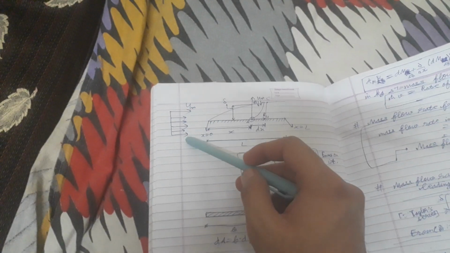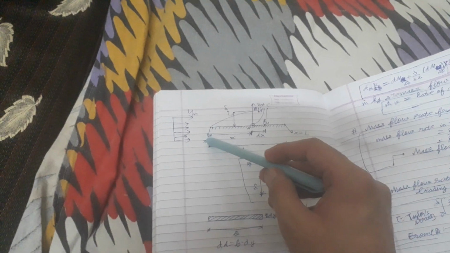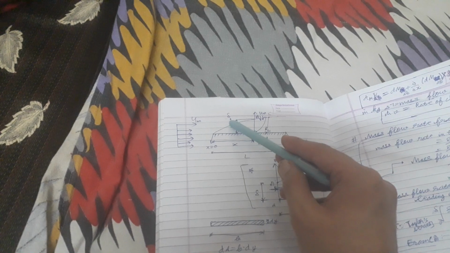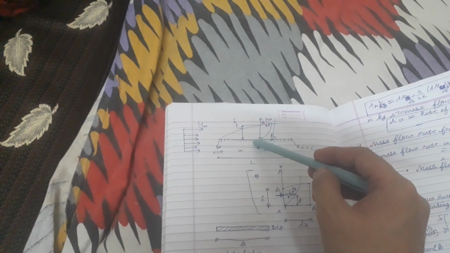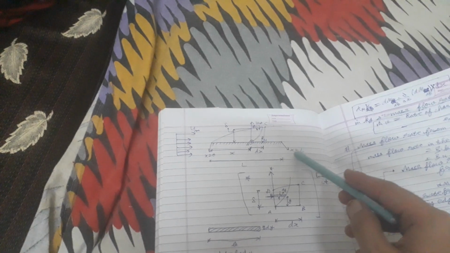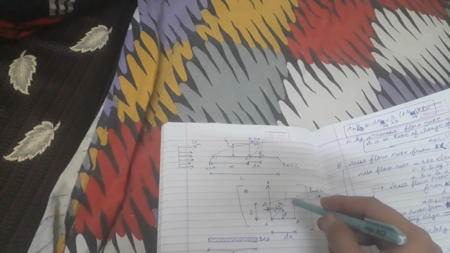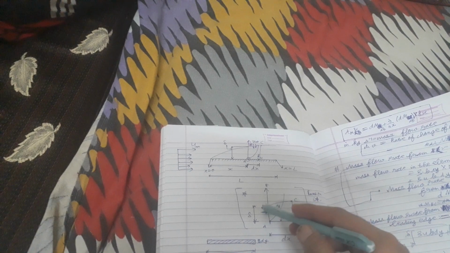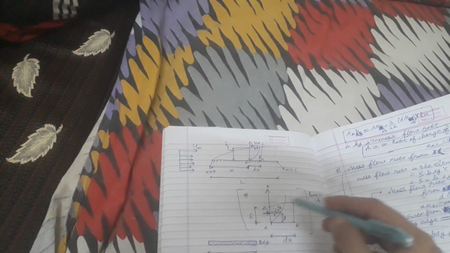Consider a plate with free stream U infinity, from x equal to 0 to x equal to L, with boundary layer thickness delta.